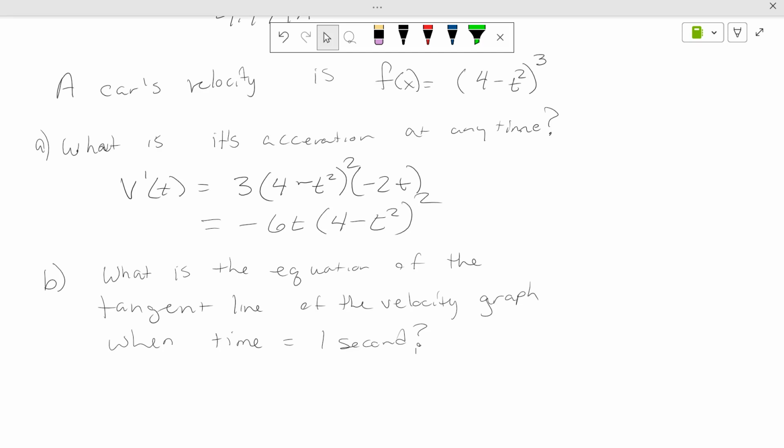So it's the derivative of velocity, which is acceleration. So acceleration at 1. So the acceleration at 1 is what? If you put a 1 in, 4 minus 1 is 3. 3 squared is 9. 9 times negative 6. Negative 54. Okay. Then what do? That's just acceleration.